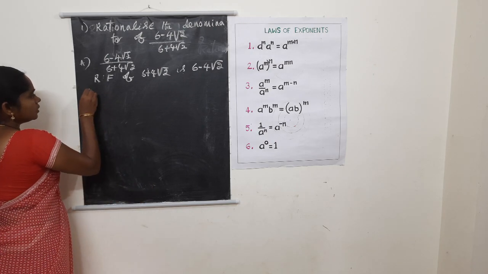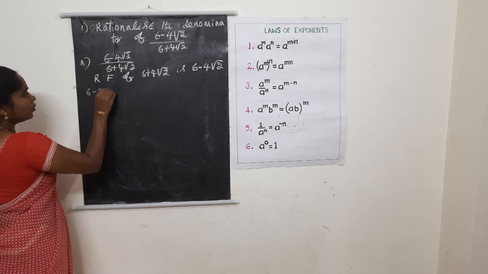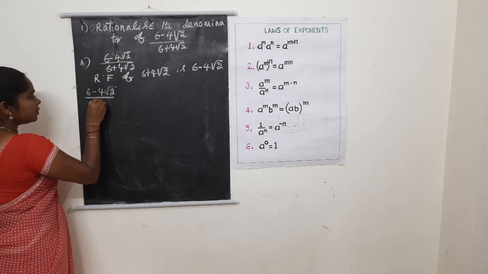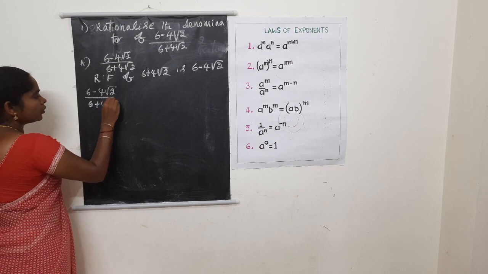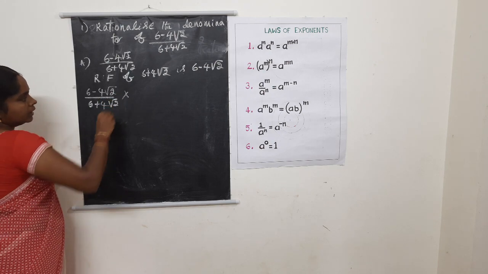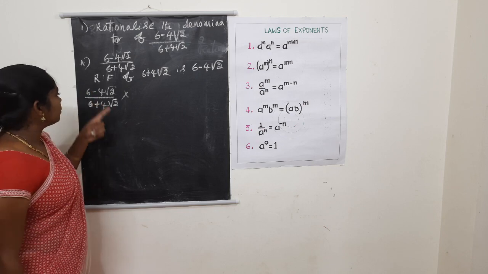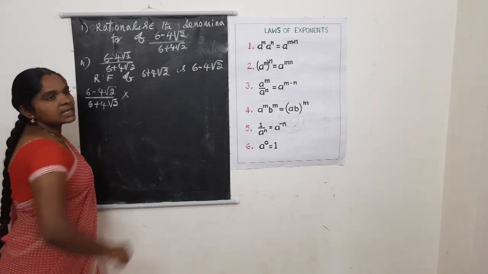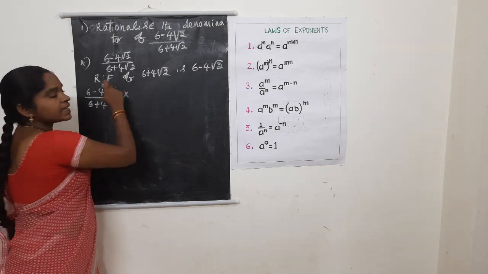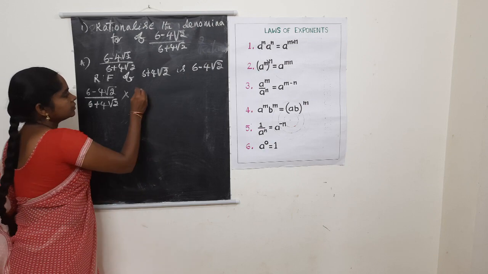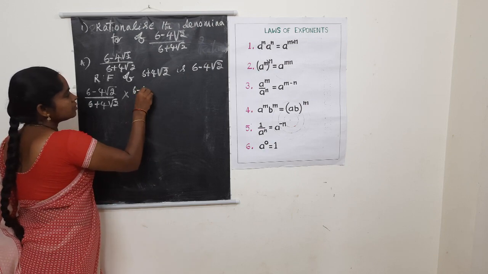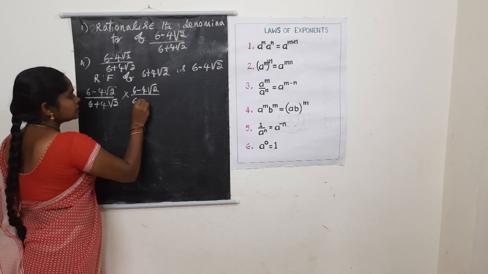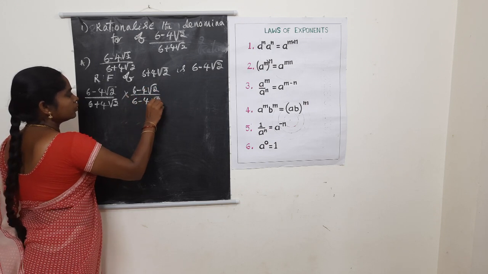So, (6 minus 4 root 2) by (6 plus 4 root 2), both numerator and denominator multiplied with 6 minus 4 root 2. 6 minus 4 root 2 is the rationalization factor.